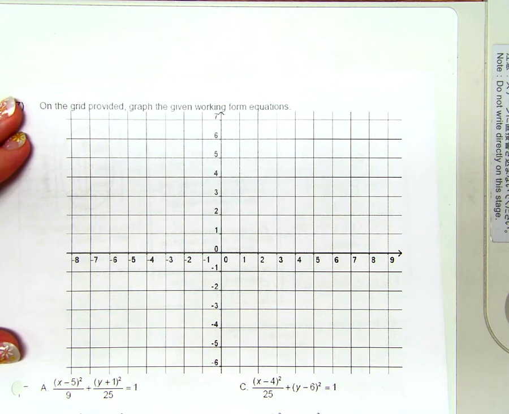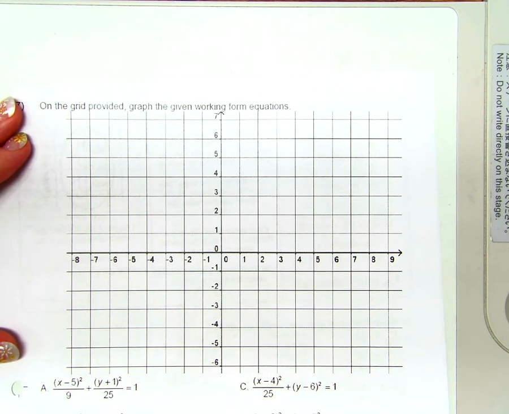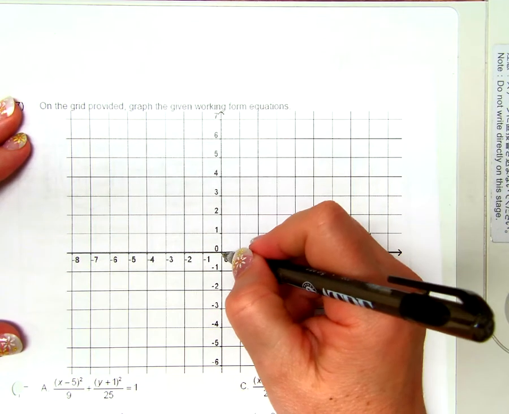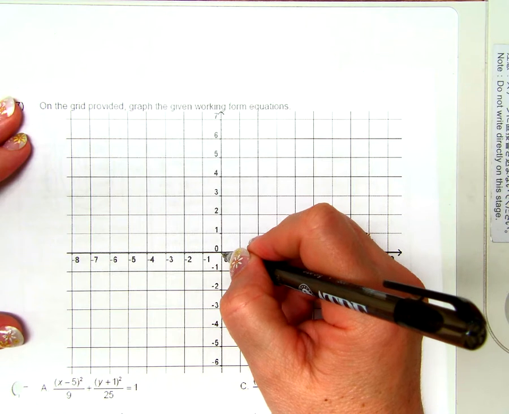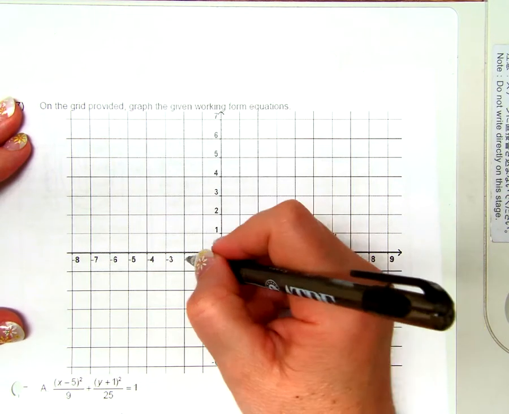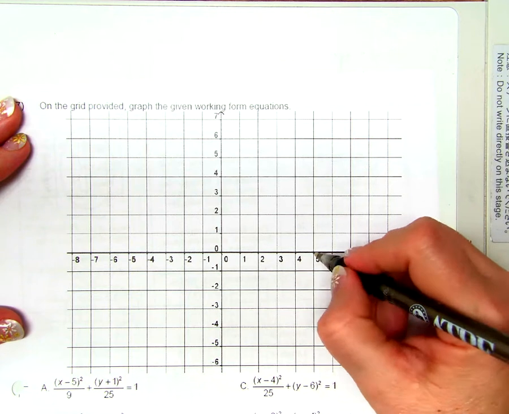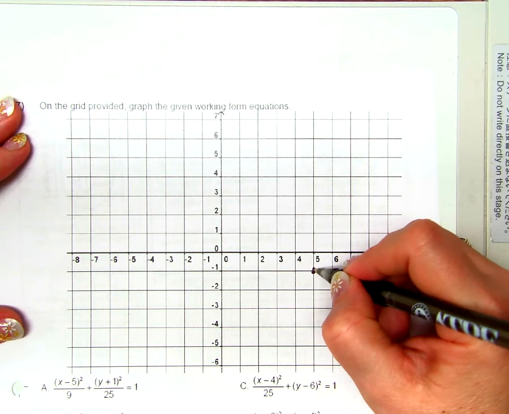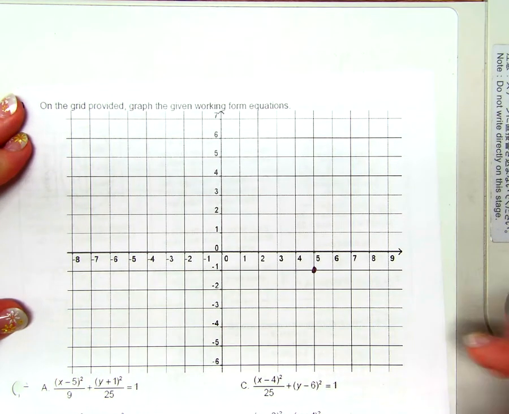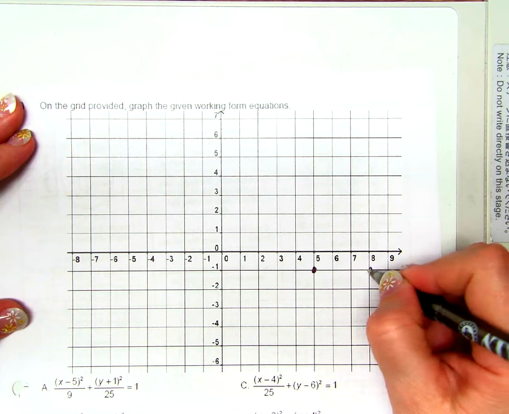So how do we graph A? So I need to go right 5 or left 5? Right 5. Down 1. How far left and right? 3 left and right.